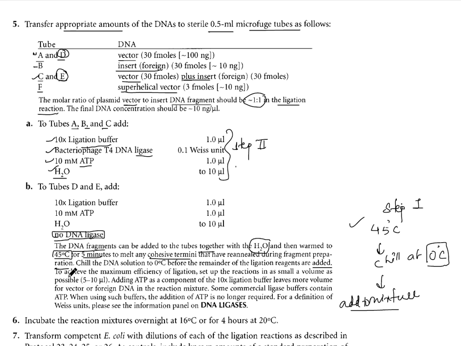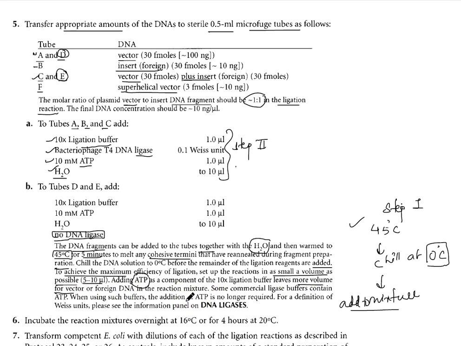Okay, and to achieve the maximum efficiency of ligation, you have to set up the reaction in as small a volume as possible. Set up a small volume reaction, because the resources are so costly, so try to preserve the resources as well. Adding ATP as a component of 10x ligation buffer leaves more volume for vector or foreign DNA.